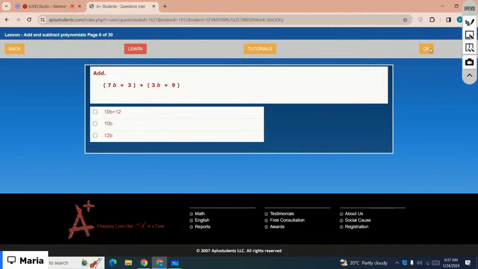The correct option is 10b plus 12. Option number 1 is the correct option.